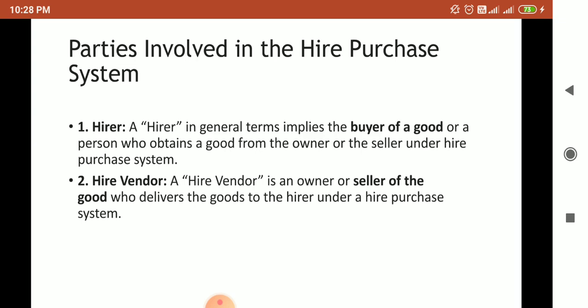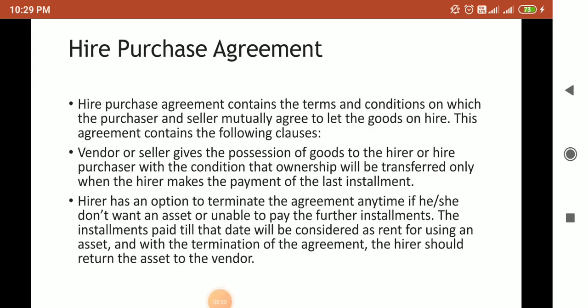First, the goods are possessed by the hirer and are under his custody. Second, some lump sum amount is paid as a down payment or cash down payment. And third, the remaining amount is paid in installments. So this is the simple concept of the hire purchase system.